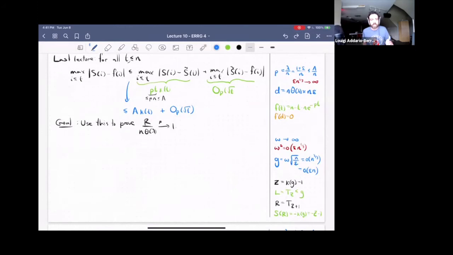Let me state the proposition and then use it to finish with our goal, and I'll return to proving the proposition at the end.